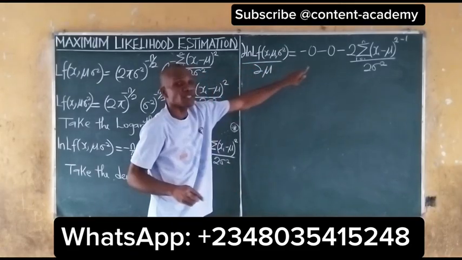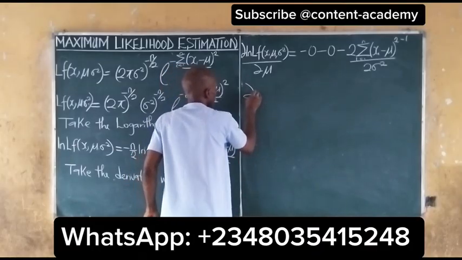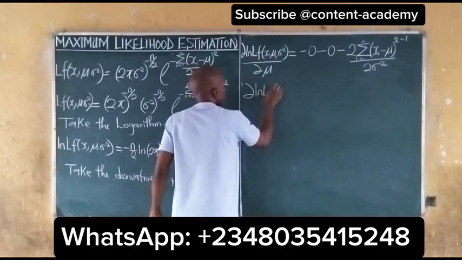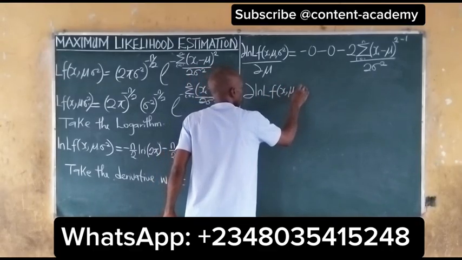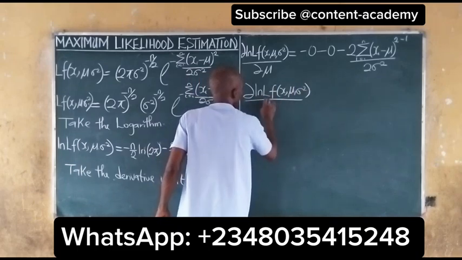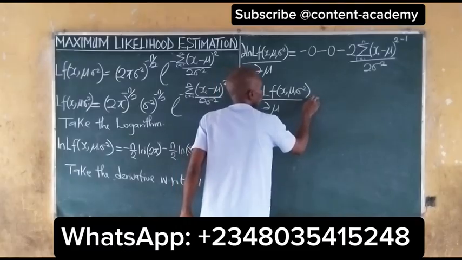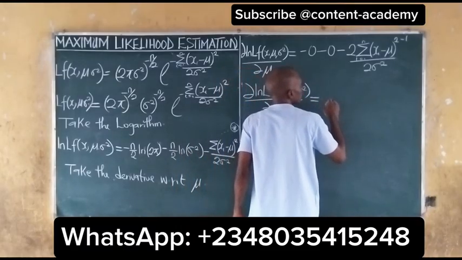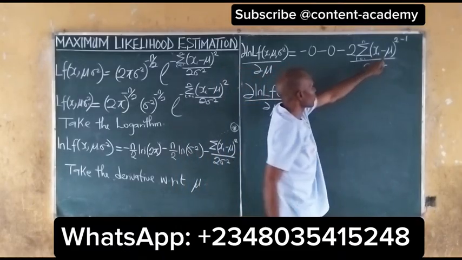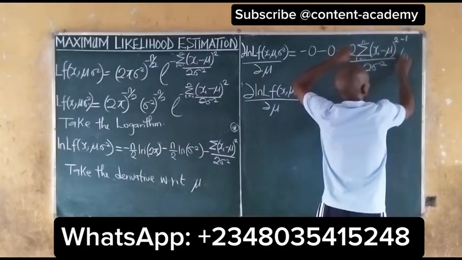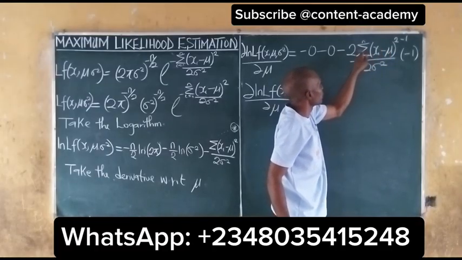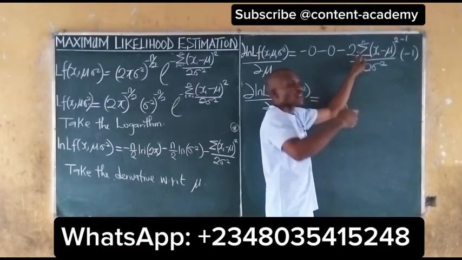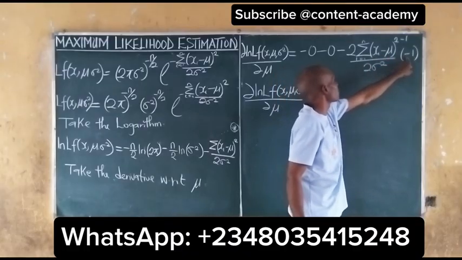Now we write this out formally. We have the derivative of our given function equal to, okay, since we are differentiating with respect to mean, we multiply by negative 1, because this is mean. So if we differentiate this as a function of a function, we have negative 1 here.